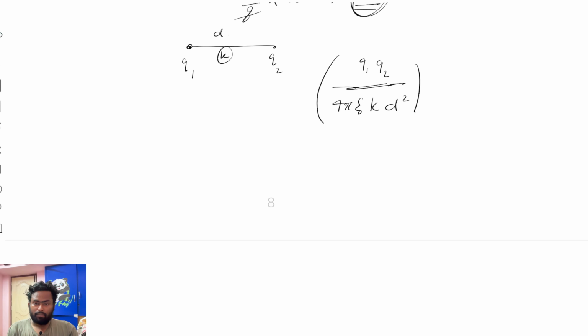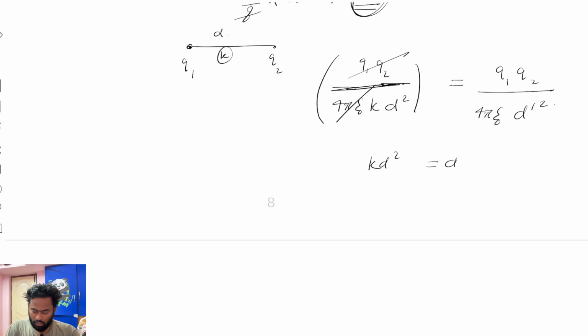This is the force between them. Now the question is saying that the force remains the same. Force is not changing. So at what distance will you keep them in air? In air force will be Q1 Q2 upon 4 pi epsilon naught and D dash square. Distance is D dash. So if force does not change, equating both forces, you will get K D square equal to D dash square. So you will place them at root K times D distance.